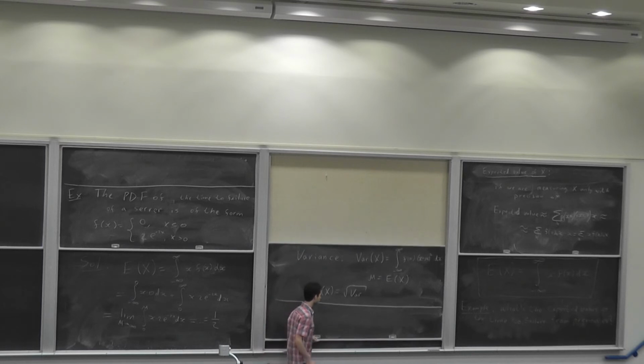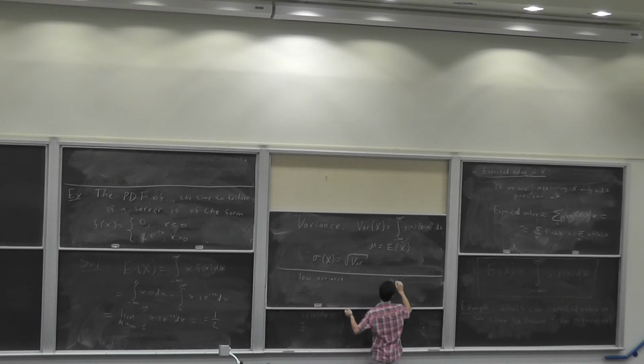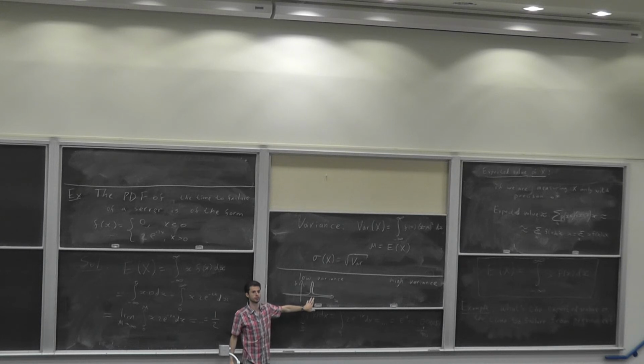And typical features of, say, low variance and high variance. A typical density function of a variable with low variance is something like this, where most of the area is concentrated around the average. So in this case, the variance is very low.